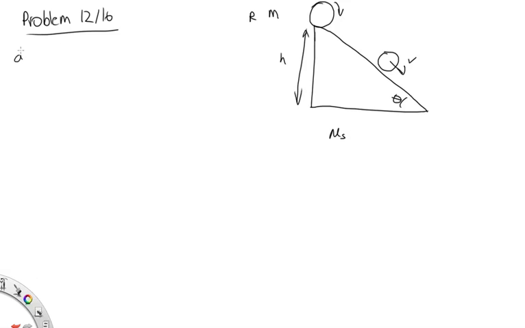Okay, part A for this question asks us to derive an expression for the total kinetic energy. Now, the total kinetic energy in this case comes about from two parts: the rotational kinetic energy and the translational kinetic energy.